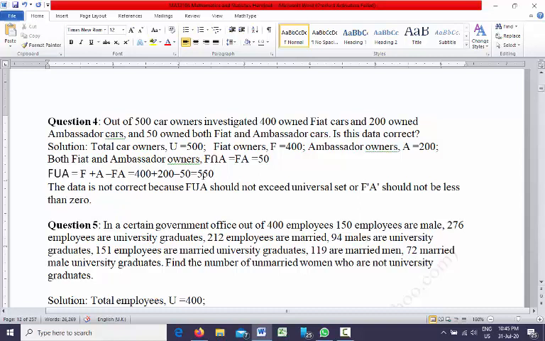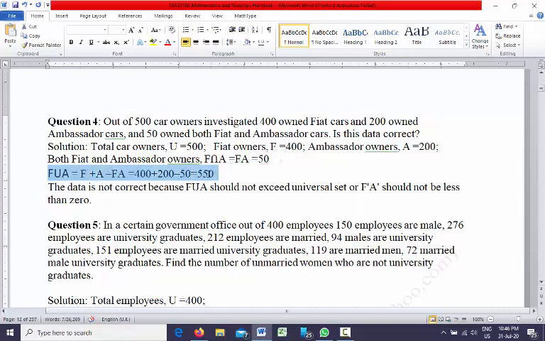That means the total number of owners who have either Fiat or Ambassador or both is 550.